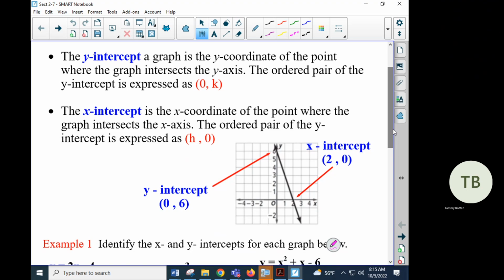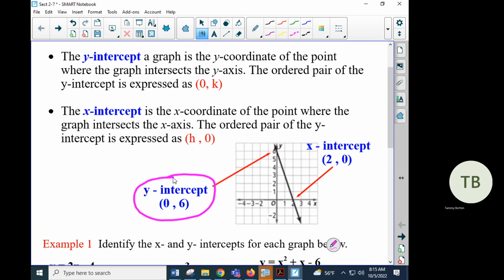So what we're gonna talk about today is they're gonna, at the beginning, give us graphs, and we just have to look at the graph and tell what the x-intercept is and what the y-intercept is. The y-intercept is where the graph crosses the y-axis. And the way they do it, they could have you list it as an ordered pair.